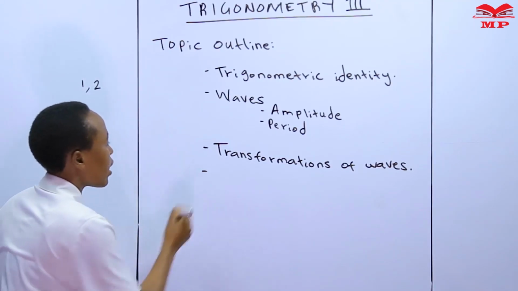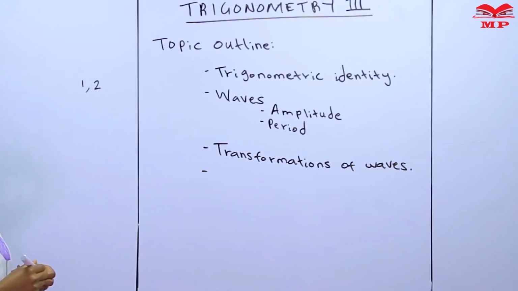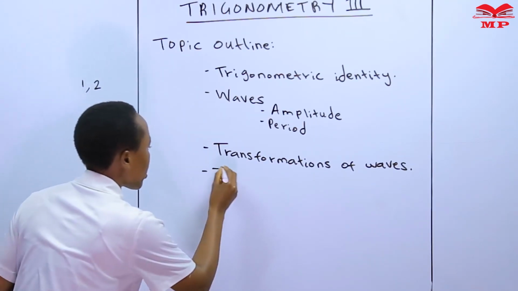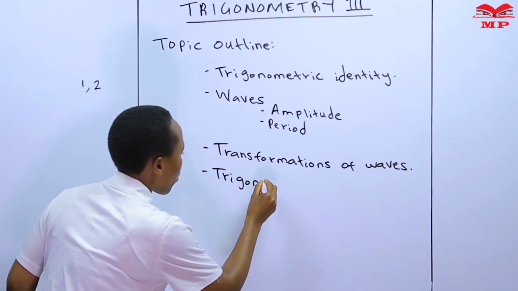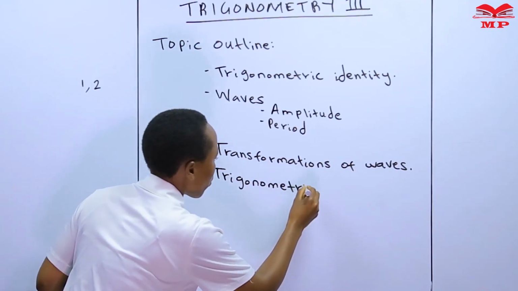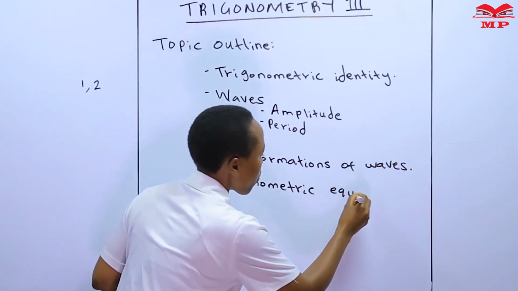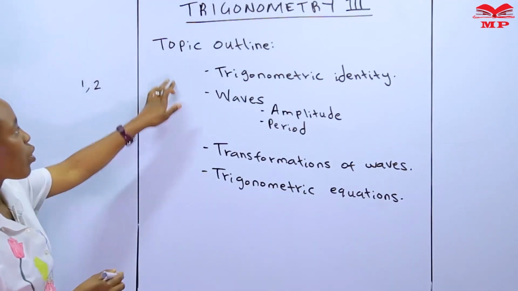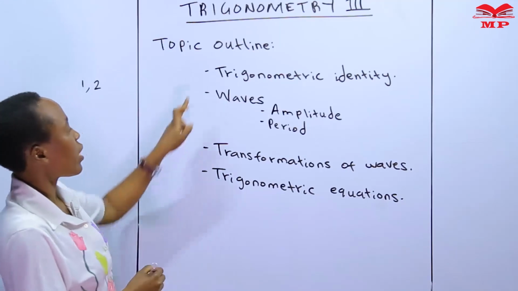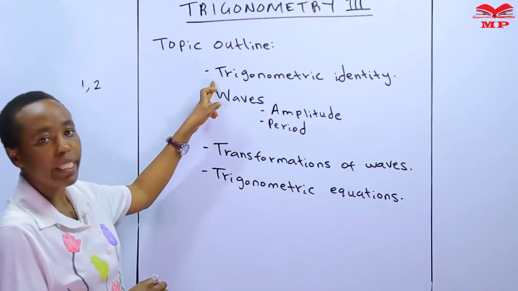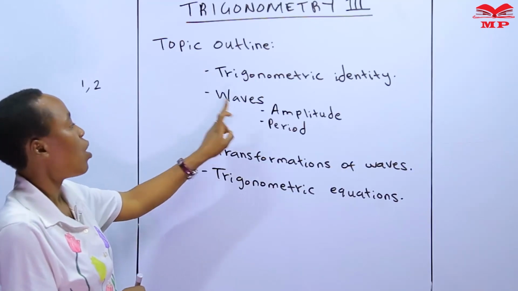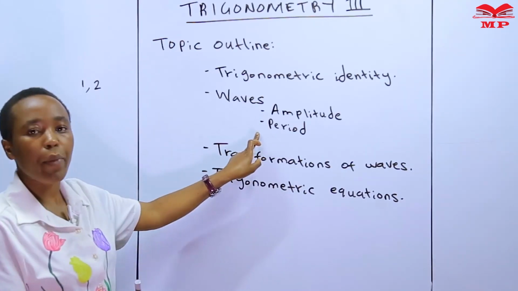And then finally, in this topic, we are also going to look at trigonometric equations, whereby we are going to solve these equations. So this is what we are going to cover: the trigonometric identity, which we derive and then apply; then the waves, which we are going to plot, getting the amplitude and the period.